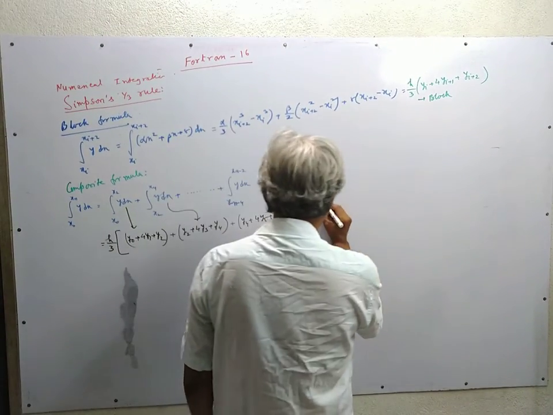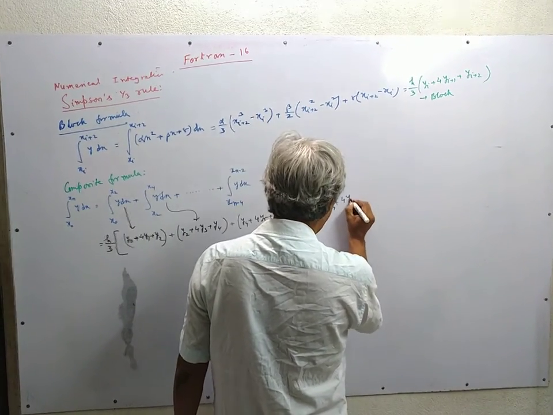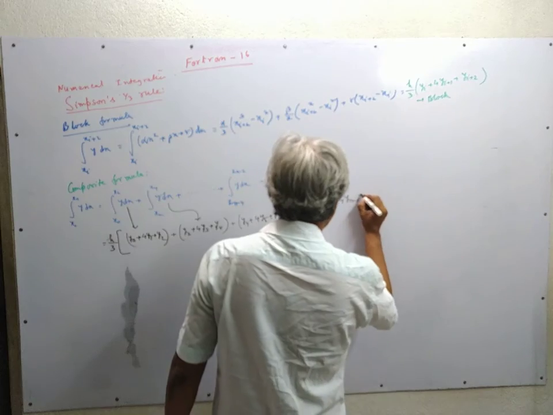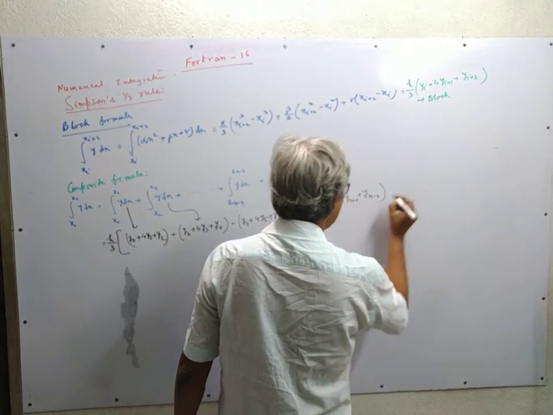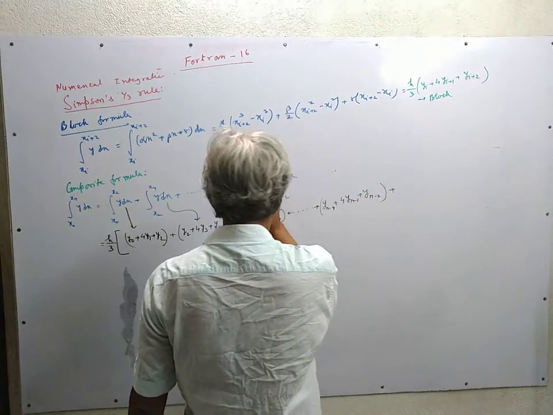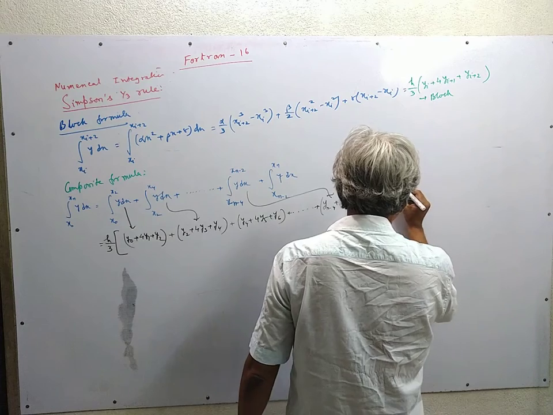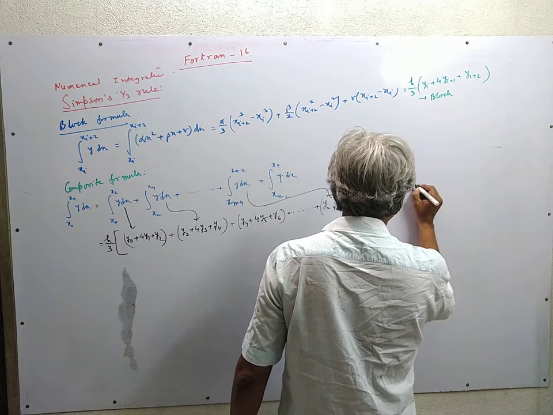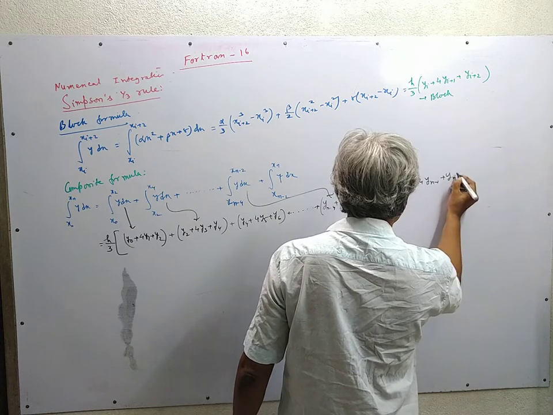For this one, it will be yn minus 4 plus 4 yn minus 1 plus yn minus 2, and for the last one, yn minus 2 plus 4 yn minus 1 plus yn.